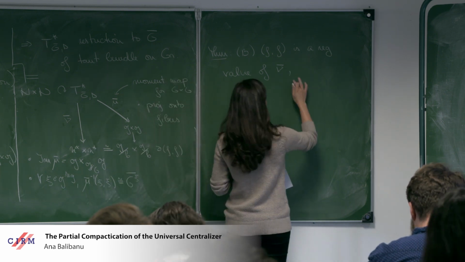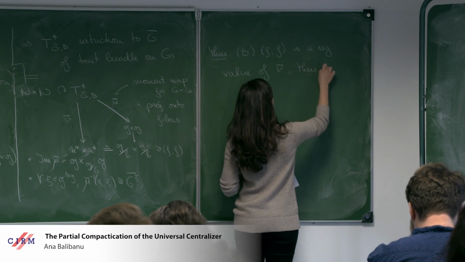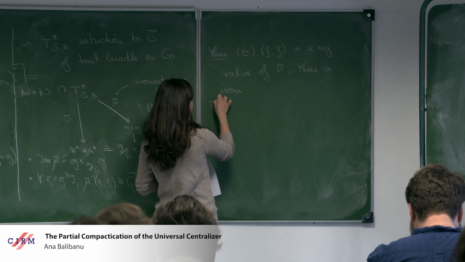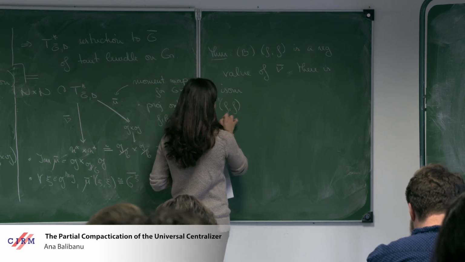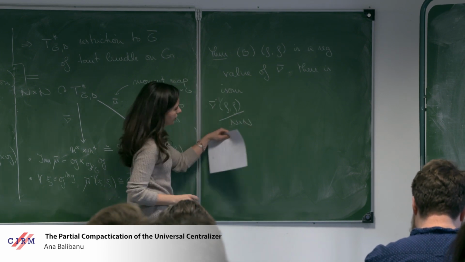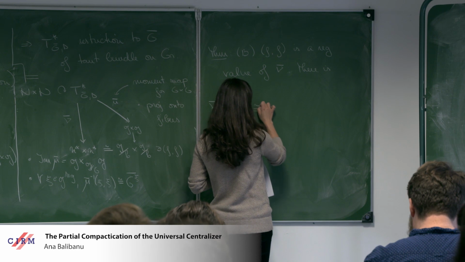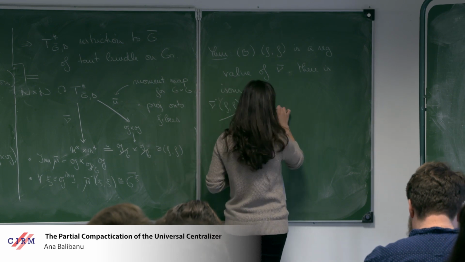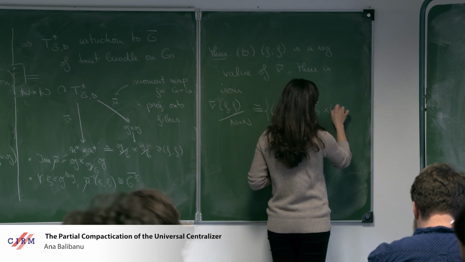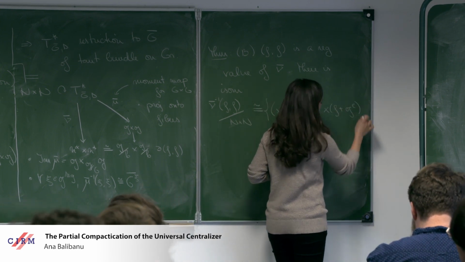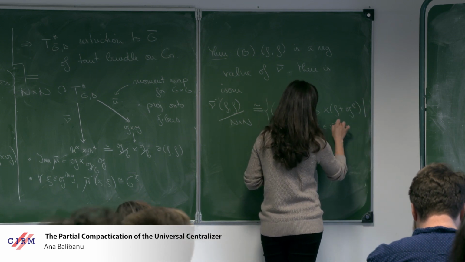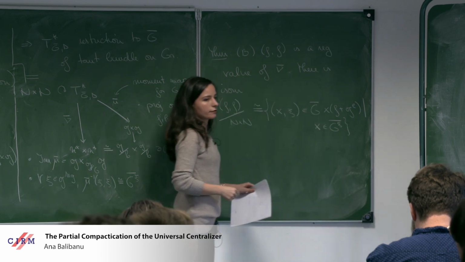And there's an isomorphism between the quotient of the fiber above this point by the n cross n action and the variety of pairs x, c in the wonderful compactification cross the principal slice with the property that x lies in the closure of the centralizer of c.